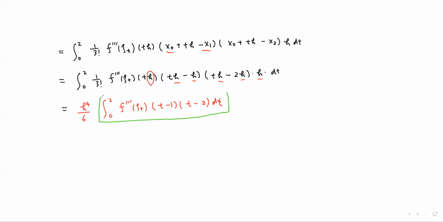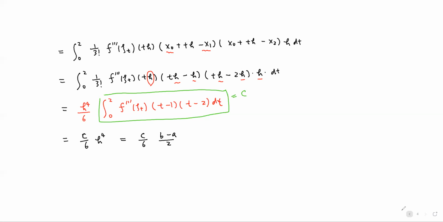This is a number. Let me denote the number by c. So we have c over 6 times h to the 4th, where h is (b minus a) over 2.